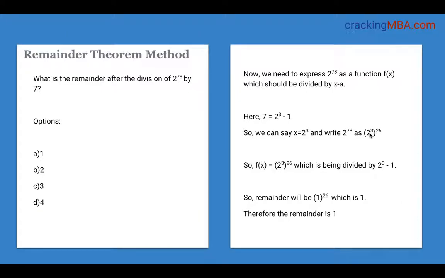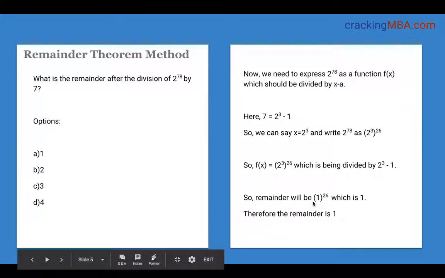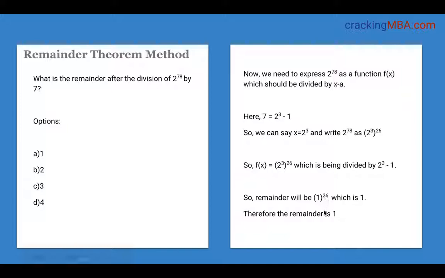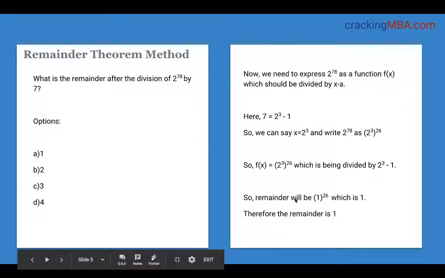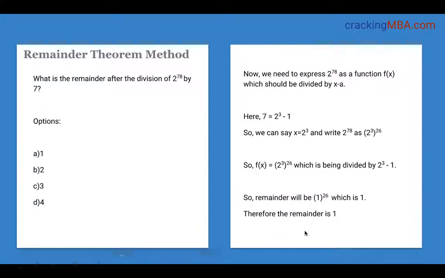So f of x is 2 power 3 to the power 26, which becomes x power 26, and this is being divided by x minus 1. So the remainder will be f of 1, which is 1 power 26, which is 1. Therefore the remainder is 1.